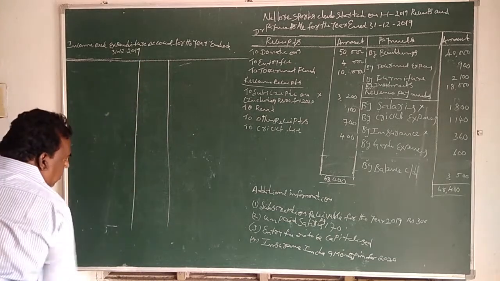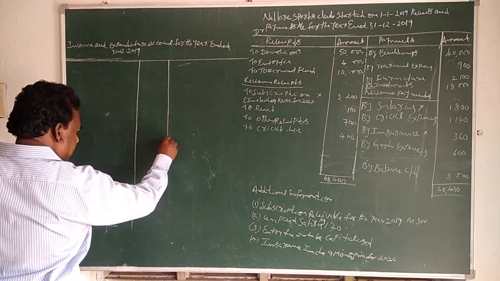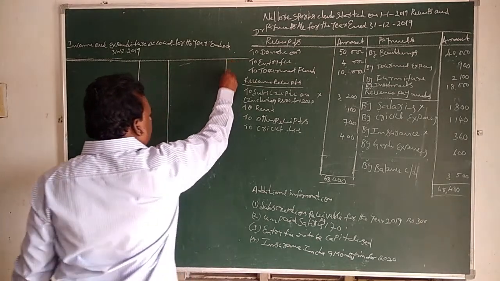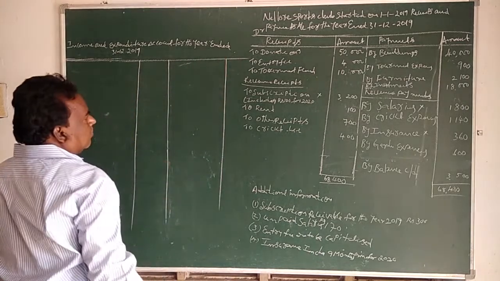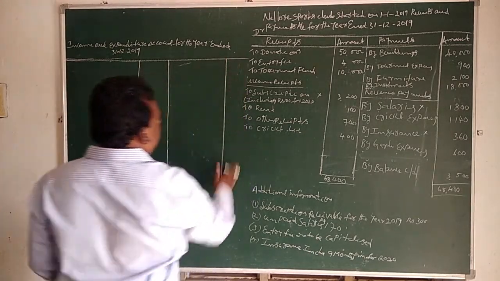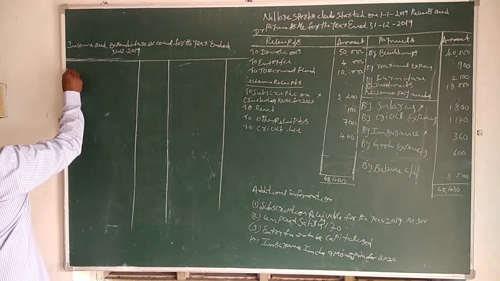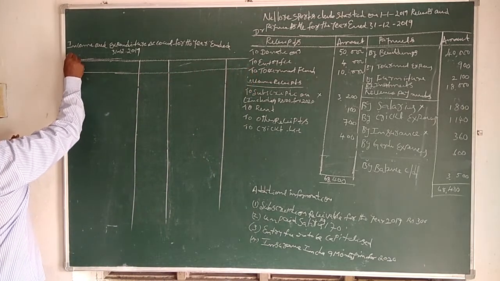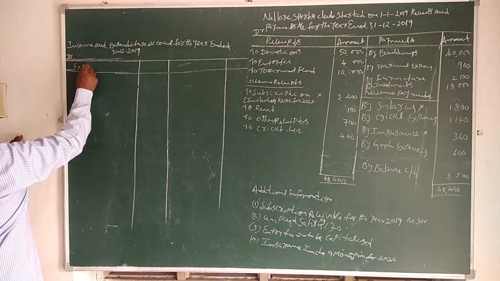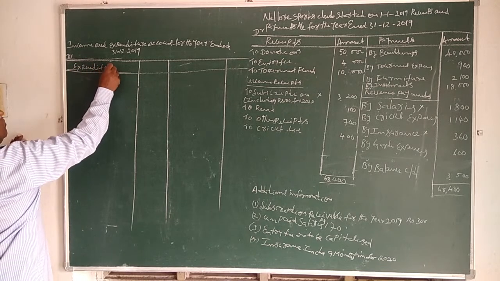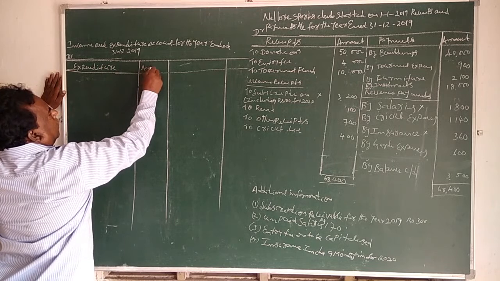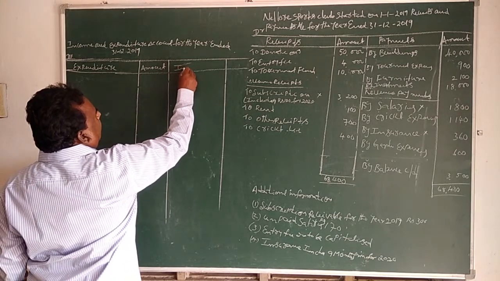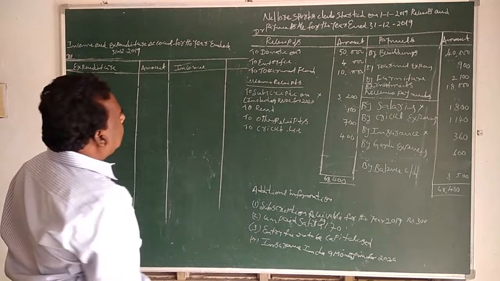Debit side: expenditure, amount. Credit side: income, amount.